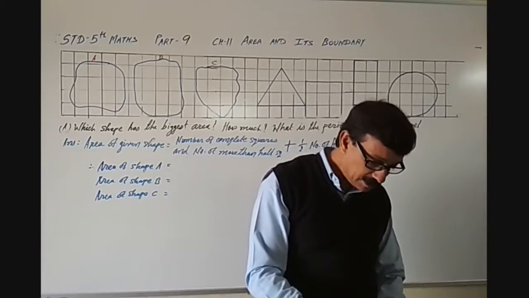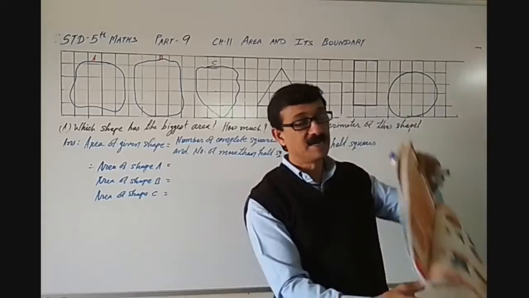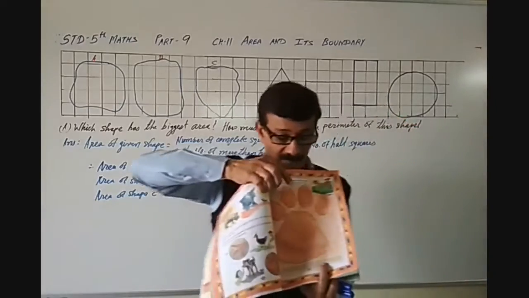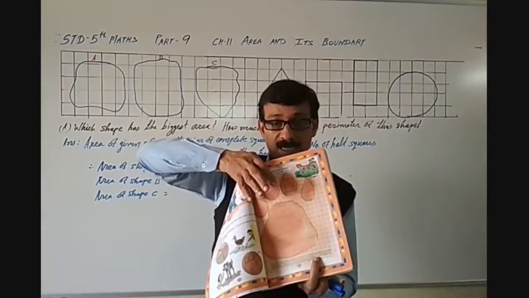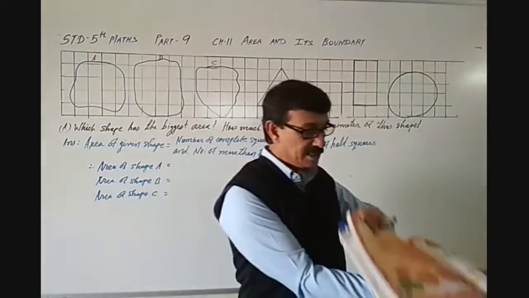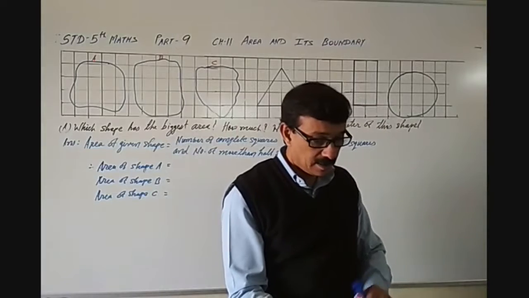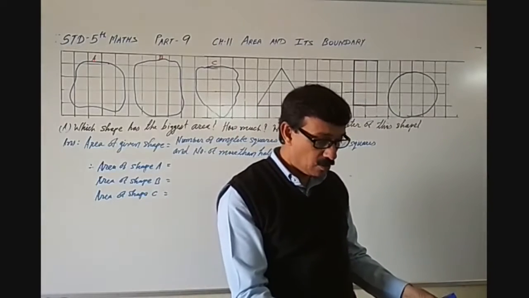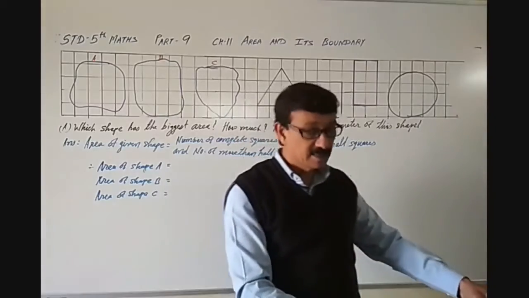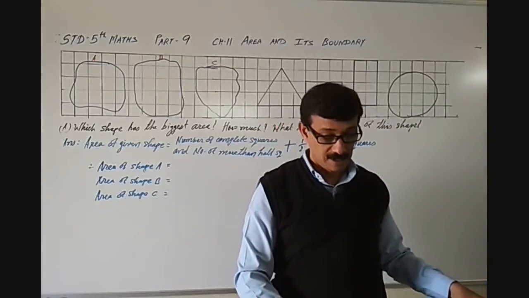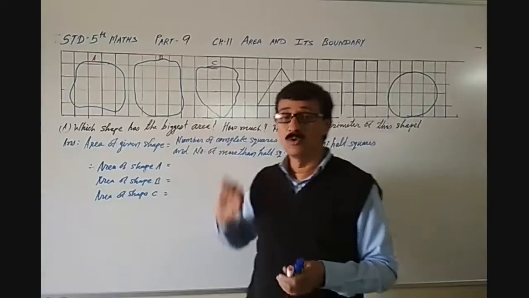We find the area of this shape, the footprint of a tiger, and we find the area of that footprint. Same thing we are going to do here.